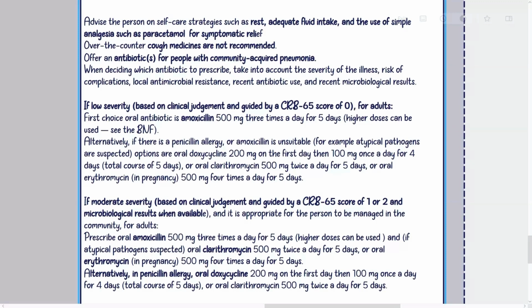Higher doses can be used, and if atypical pathogens are suspected, oral clarithromycin 500 mg twice a day for 5 days, or oral erythromycin in pregnancy 500 mg 4 times a day for 5 days. Alternatively, in penicillin allergy, oral doxycycline 200 mg on the first day, then 100 mg once a day for 4 days, total course of 5 days. Or oral clarithromycin 500 mg twice a day for 5 days.